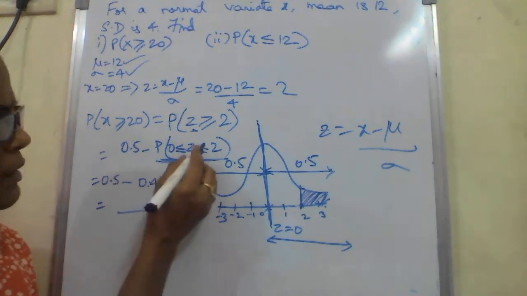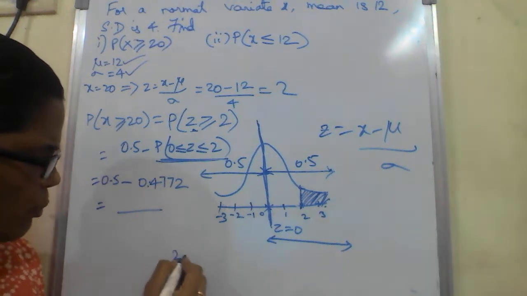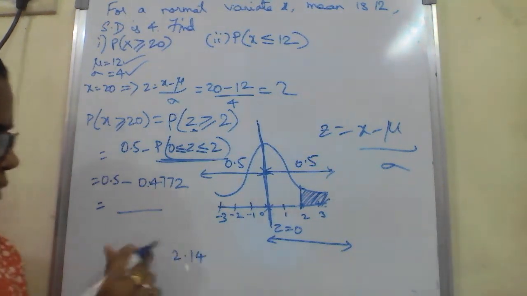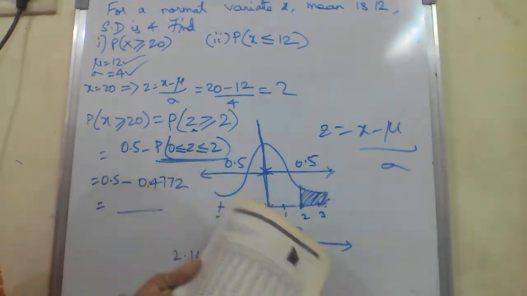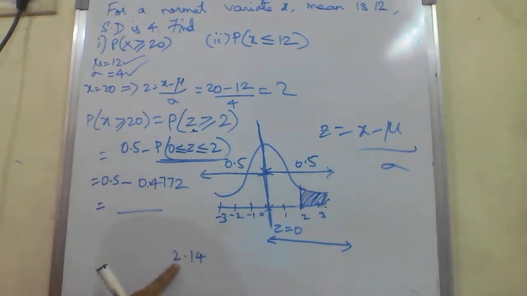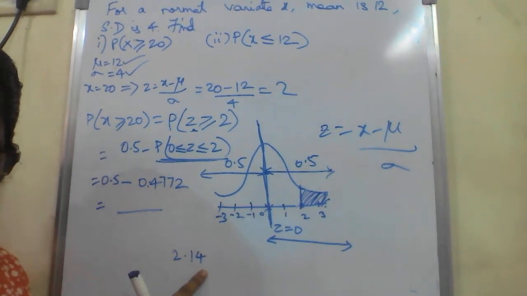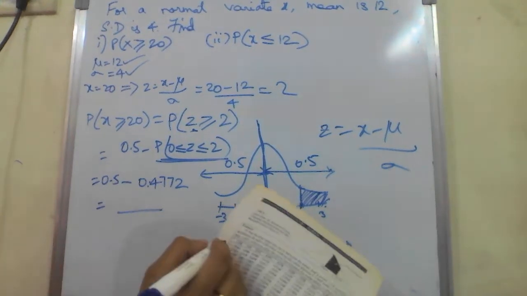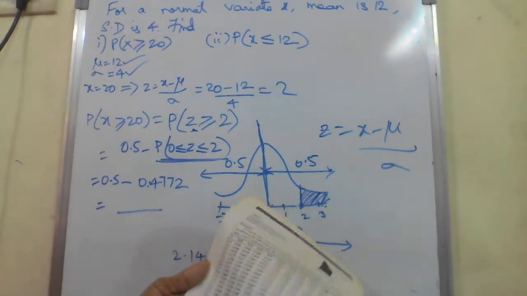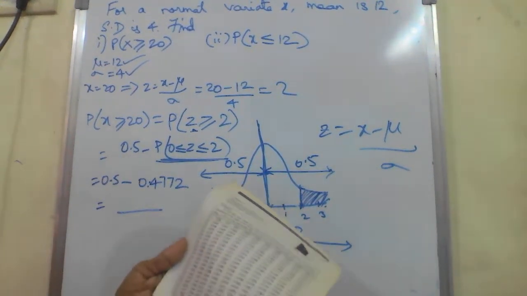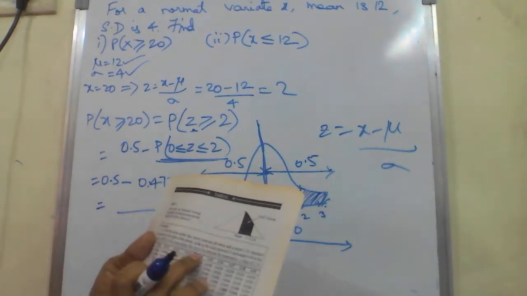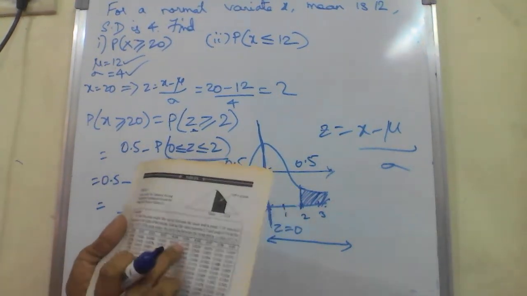For example, if I want to find the value for 2.14, here it is 2, so 2.0 we have taken. If it is 2.14, if I want to find the value of Z, then 2.1 from the first column and 4 in the corresponding columns.